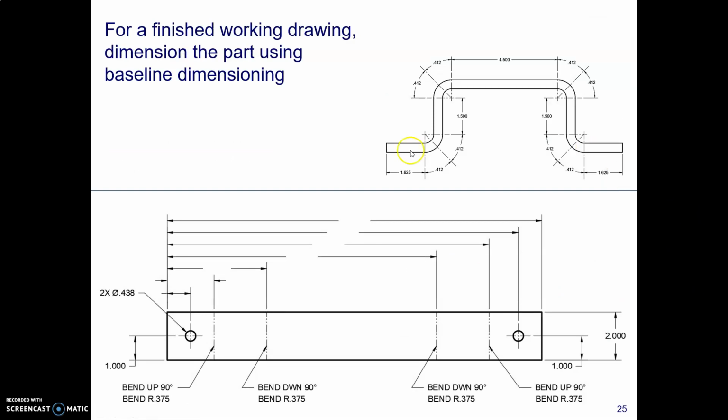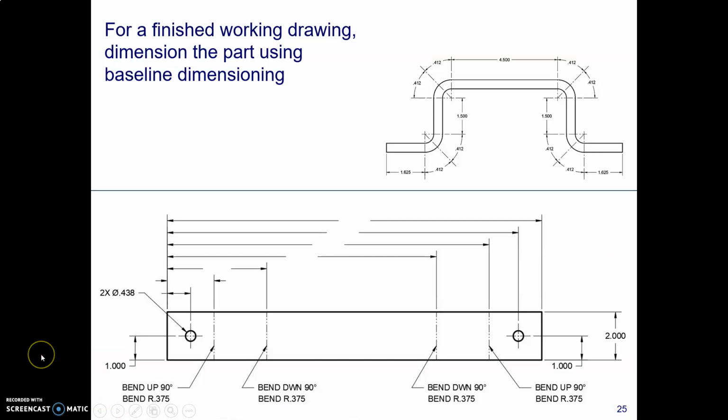As we've gone along, we have been figuring what you call chain dimensioning. We've been figuring from bend line to the next bend line, from that bend line to the next bend line. That's chain dimensioning. When you actually dimension your part for the shop, chain dimensioning is not preferable because you will get tolerance stack up, which we'll talk about some more later this term.